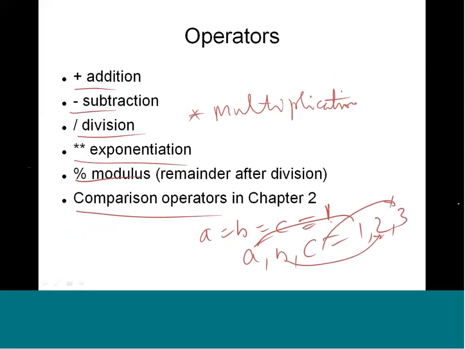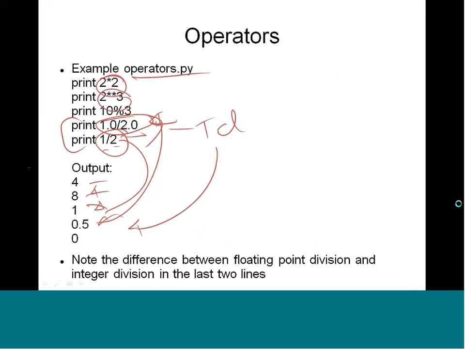Now we looked at some of the operators, which are plus, minus, division, exponentiation, modulus, and the comparison operators we will introduce in the next lecture. Here is just an example of all the operators.